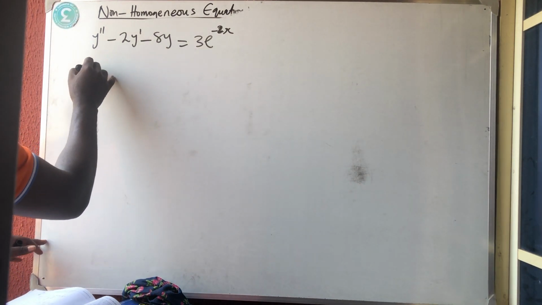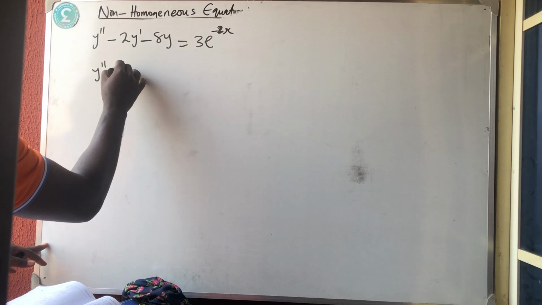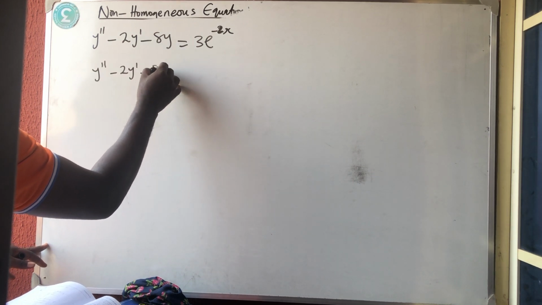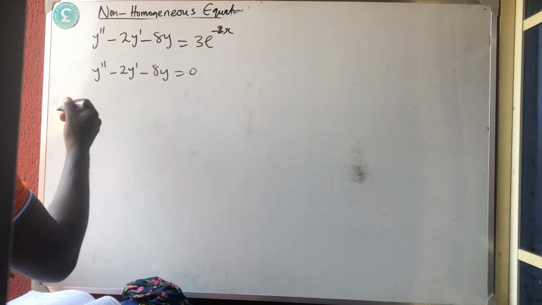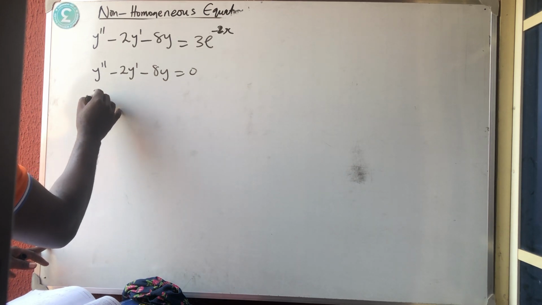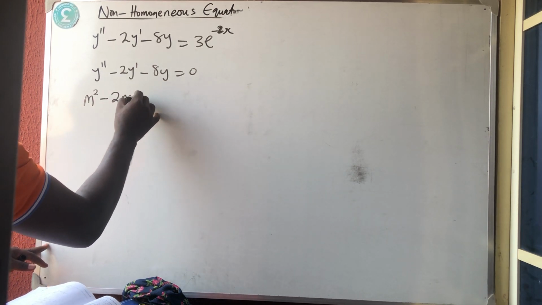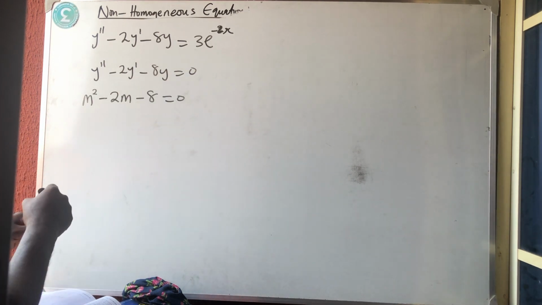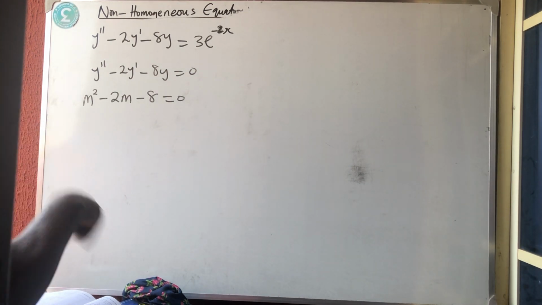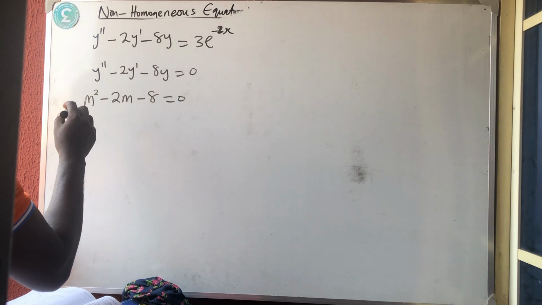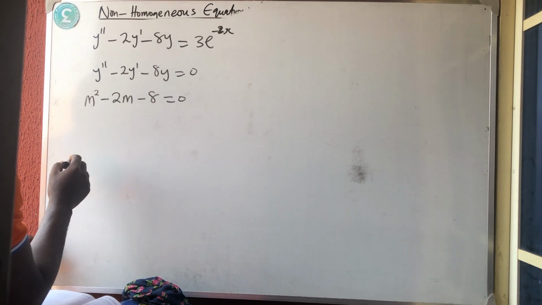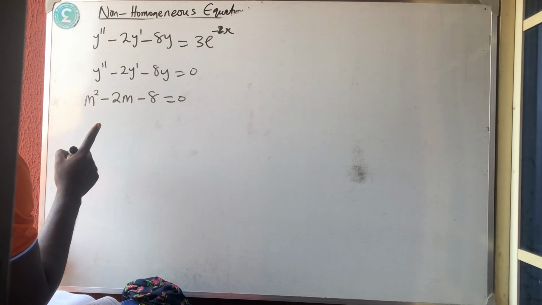For the complementary part, I'm having y double prime minus 2y prime minus 8y is 0. This is the complementary part. So my auxiliary equation is m squared minus 2m minus 8 is 0. Okay, so what are the two numbers? I think 4 and 2.